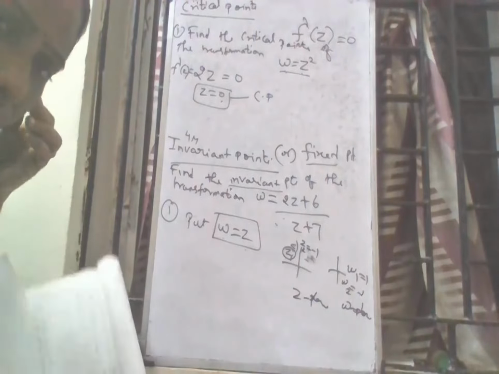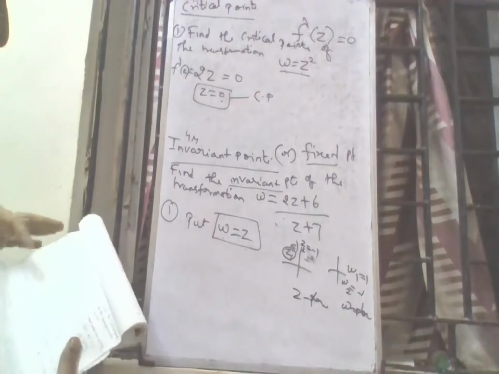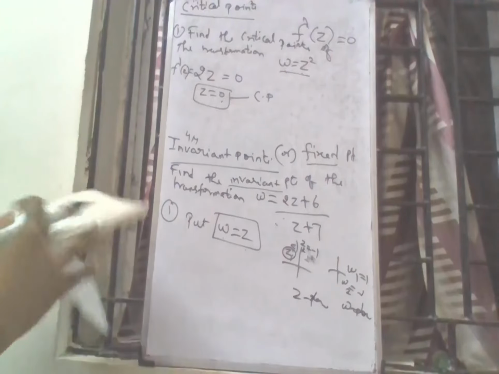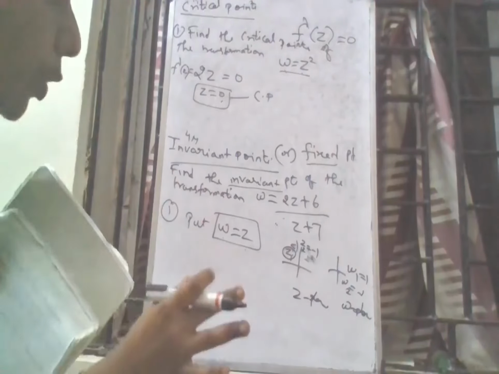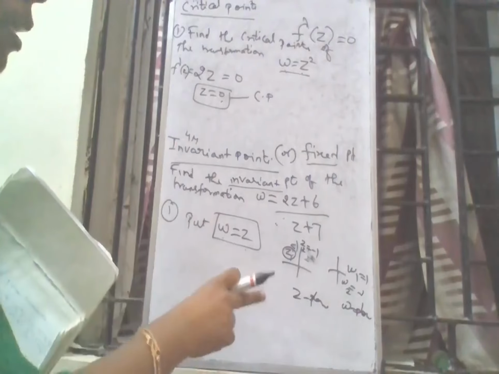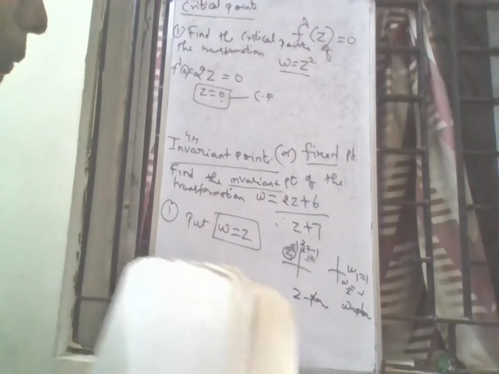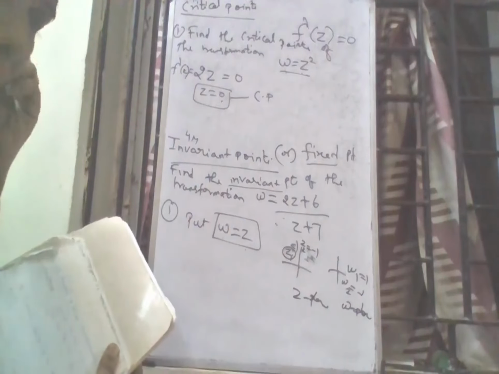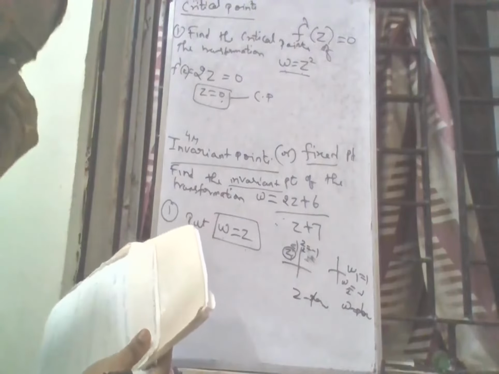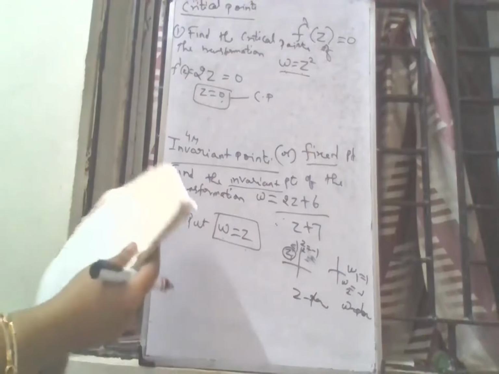Follow the definition. Can you understand what they try to say here? Exactly the point that is in the z plane, the same point exists in the w plane, we call that point an invariant point. Okay or not?